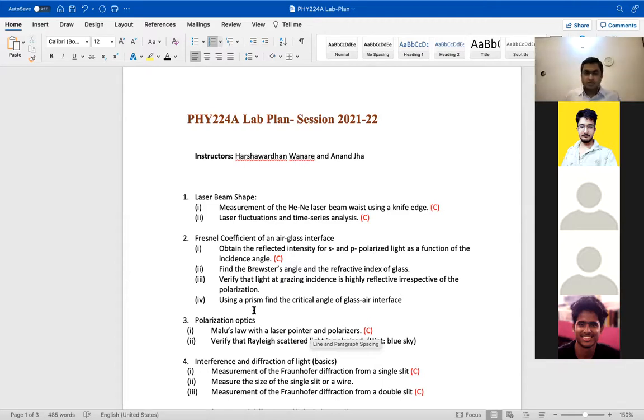So I just want to quickly cover a little bit today. If you remember, we need to measure the reflected intensity for S and P polarized light as a function of the incident angle. Then we need to measure the Brewster's angle, and from that the refractive index of glass, and also verify that light at grazing incidence, that is theta about 90, is highly reflective irrespective of the polarization.